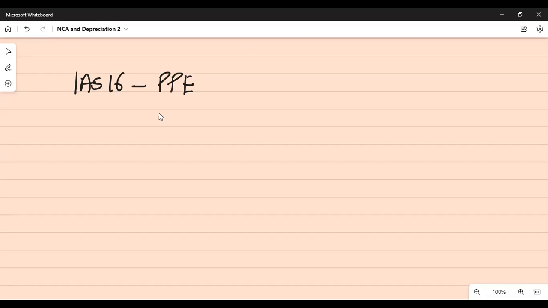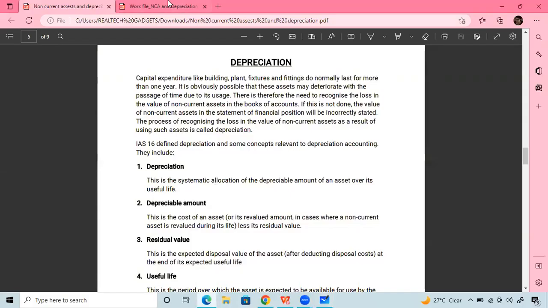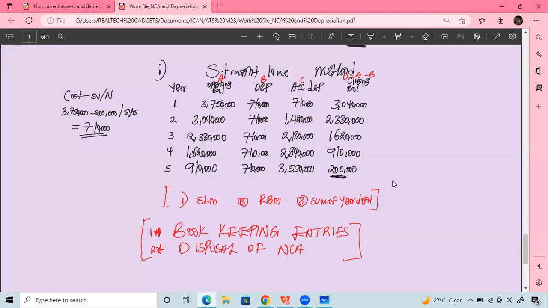If you remember, during the previous class, where did we stop? This is the work file, and today we are going to start from the bookkeeping entry, and we'll also talk about accounting on disposal of non-current assets. What are the accounting entries when there's a disposal of non-current assets?